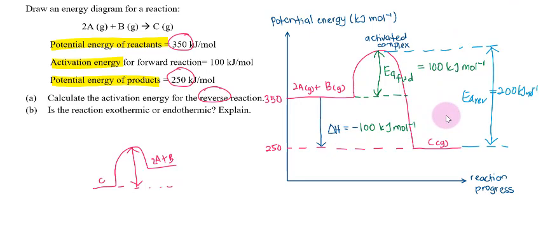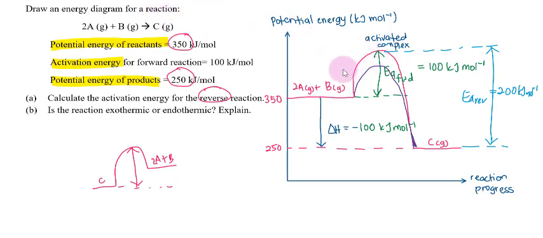Let's say you want to show the energy profile diagram if you add a catalyst to the reaction. The diagram should be like this. You have to draw this diagram as well, and then you just add this one to show that the activation energy for the one with catalyst is much lower than the one without catalyst.